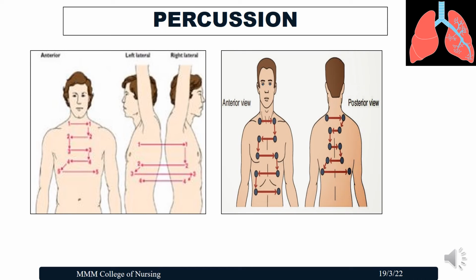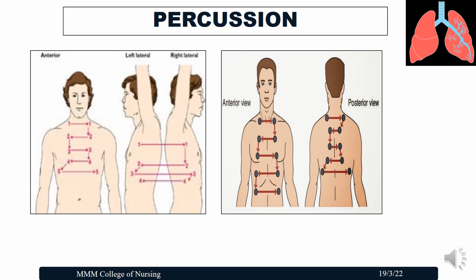This is the method of percussion, how we have to go about it. In percussion, striking the body surface is done in a zigzag manner. We have to percuss and check the density of the underlying tissues anteriorly, posteriorly, and also on the lateral surfaces.